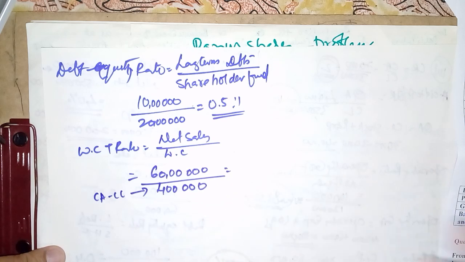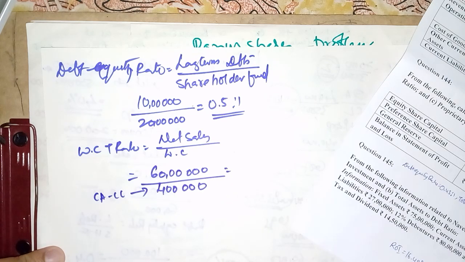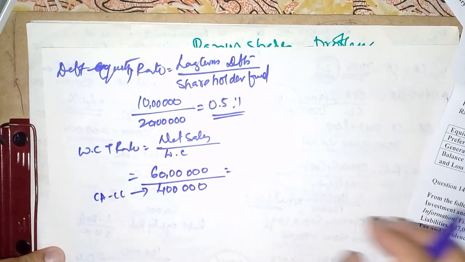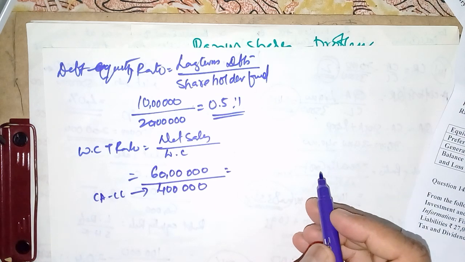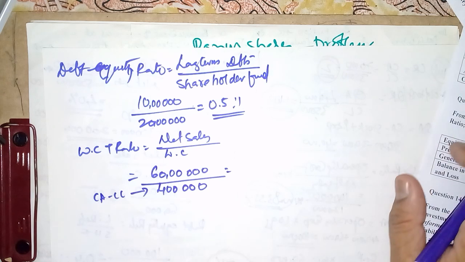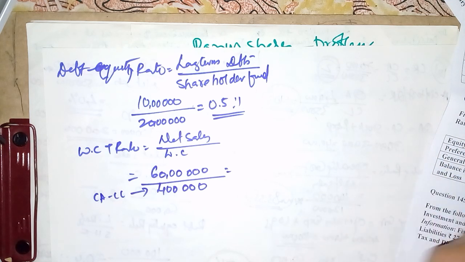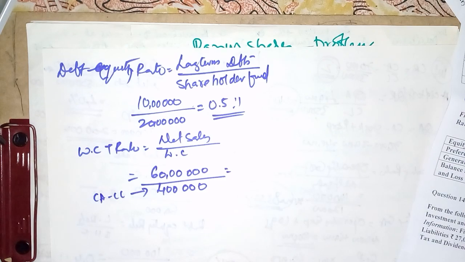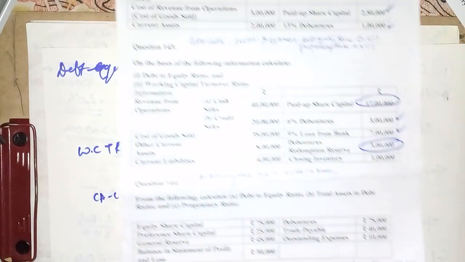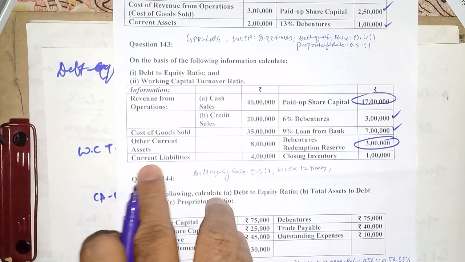Then 60 lakhs divided by 4 lakhs, that is equal to 15. So our working capital turnover ratio is 60 lakhs divided by... see, bear in mind we were making a slight mistake here.